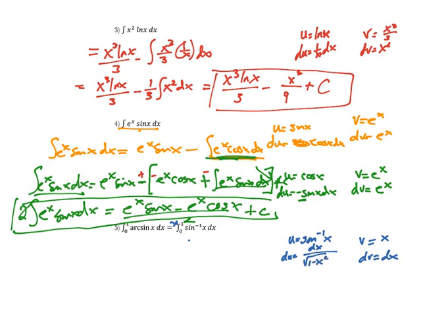So this becomes uv, so x inverse sine x minus the integral from 0 to 1 of v du.